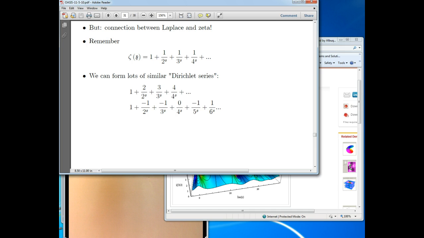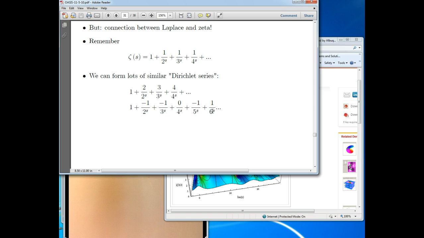Well, now we're being much more ambitious. We'd like to understand this for any s. And in fact, we're going to think about what would happen even if s is a complex number, whatever the heck that might mean. Okay. Turns out that this is a special example of a very general idea of taking any sequence of numbers you like, like 1, 1, 1, 1, 1, or 1, 2, 3, 4, 5, 6, 7, or here's a weird sequence, 1, -1, -1, 0, -1, 1.